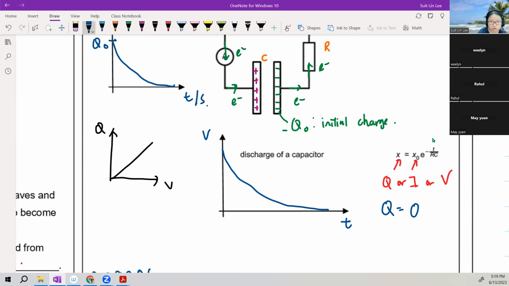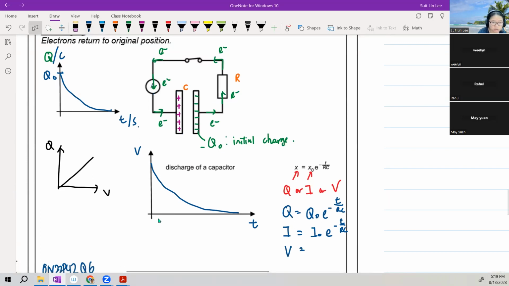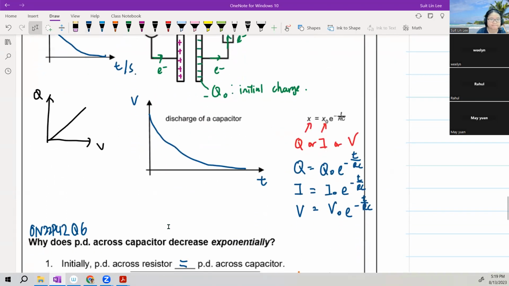Q is equal to Q naught e^(-t/RC). I is equal to I naught e^(-t/RC). For the purposes of your syllabus, the derivation is not needed. You just need to know how to use the equation. Okay, so V is V naught e^(-t/RC).